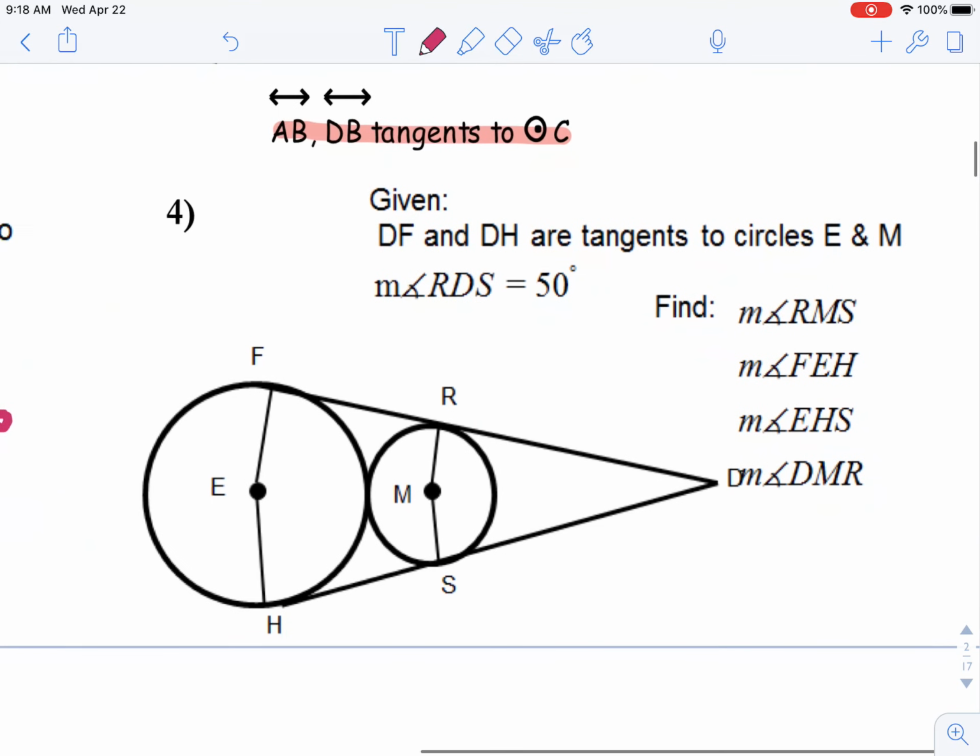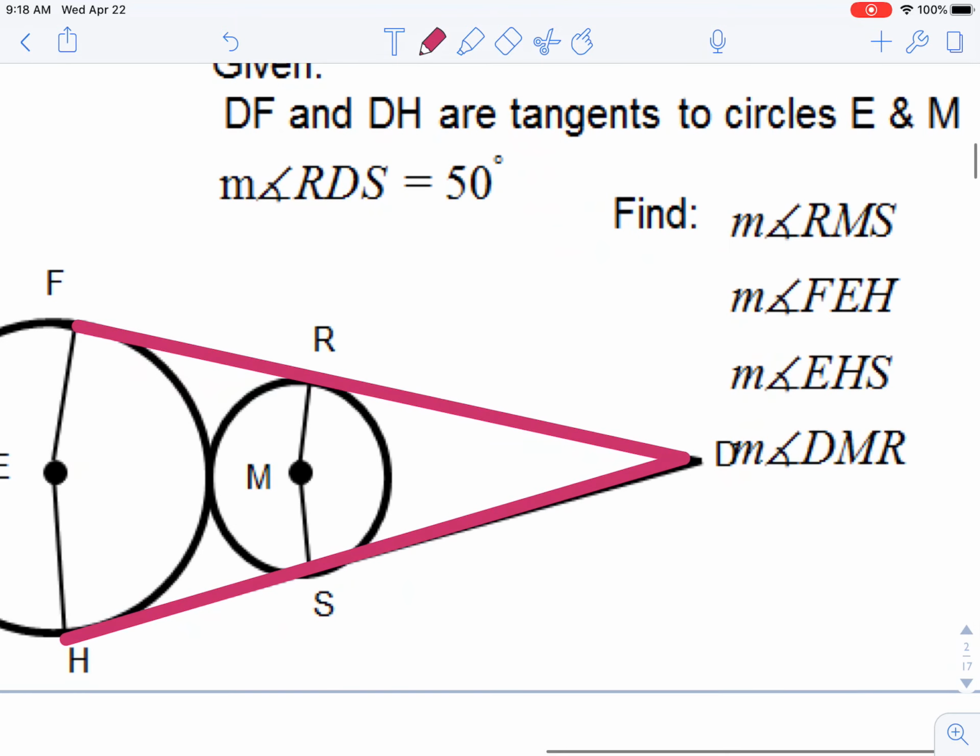Okay. So again, our last one here, number 4, given DF and DH are tangents to circles E and M. So D here kind of got covered up, but D's right there. Saying DF and DH are tangents to circles E and M. And we know that RDS is 50.